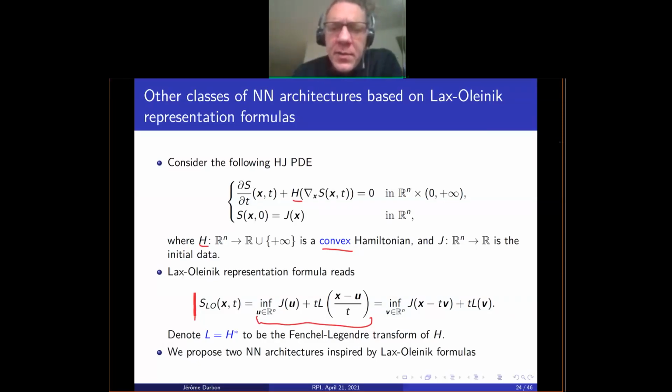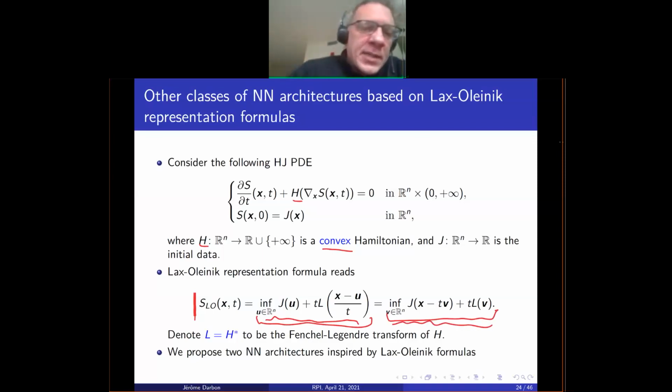And by using a change of variable, you can also write it this way. I write these two formulas because they give me ideas about creating neural network architectures. I will have two classes of neural network architecture, one inspired by the first formula and the other inspired by the second formula.